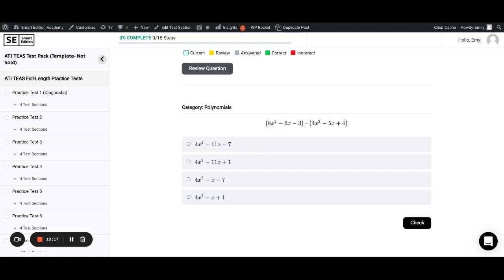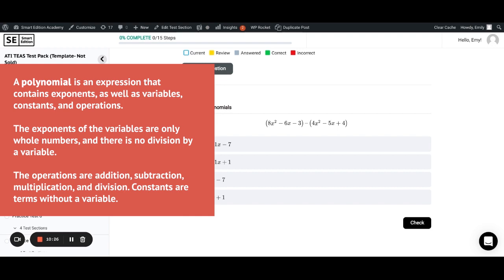So I'm going to give you a chance to work out this problem. I know this is a multi-step problem, so I'm going to give you guys a few seconds. Feel free to pause this video if I'm going too fast, and then you can hit your spacebar when you're ready to keep testing with us.